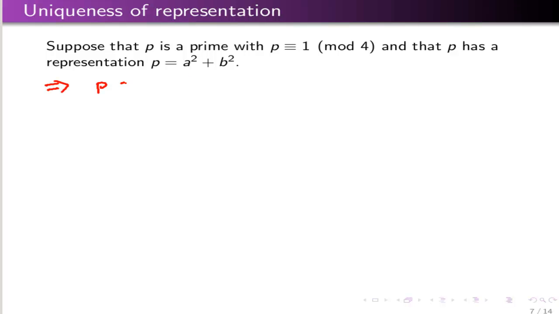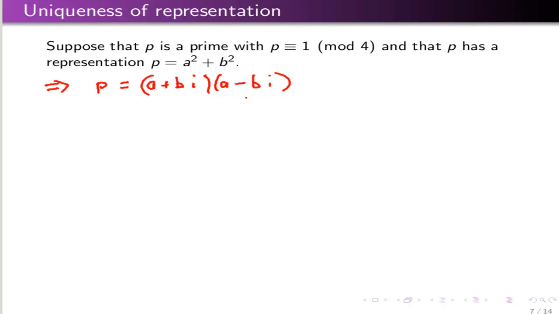Well, let's again return to the Gaussian integers. This means that p is (a plus bi) times (a minus bi). And what I claim is this is, in fact, the prime factorization of p in the Gaussian integers.